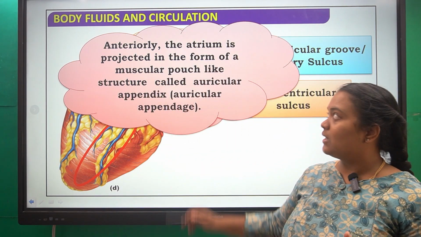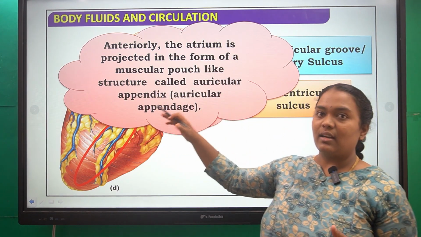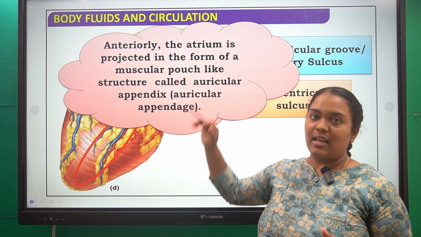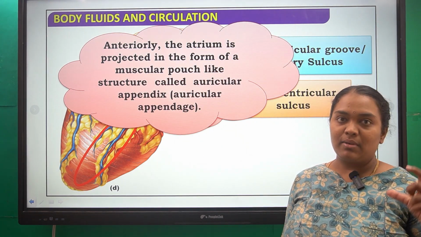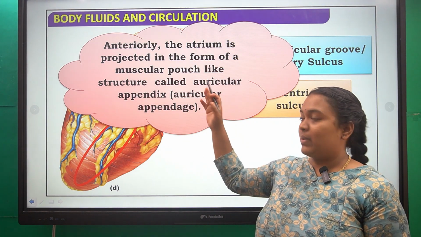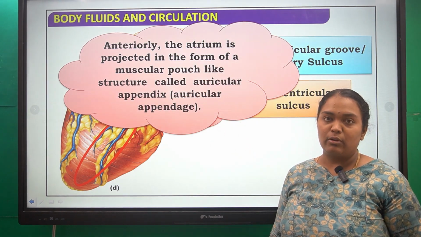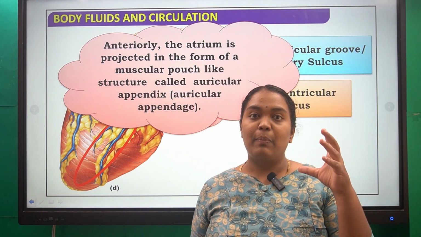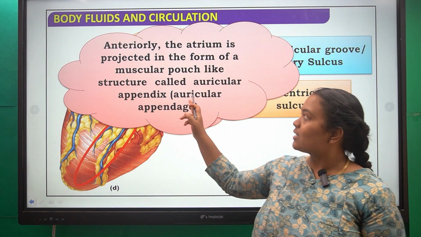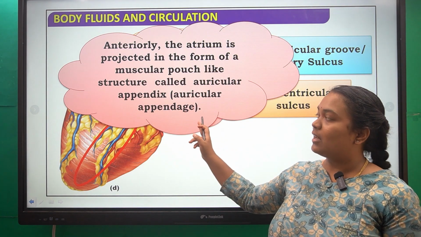You can also observe anteriorly, when you see the heart from the front, the two smaller chambers, the atria. They are present on the anterior part and appear as muscular pouch-like structures called the auricular appendage.